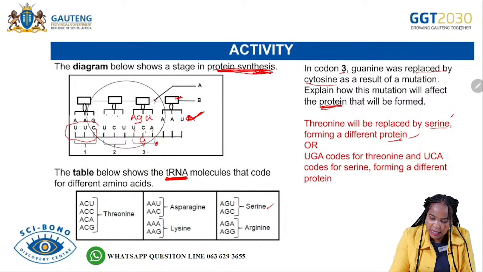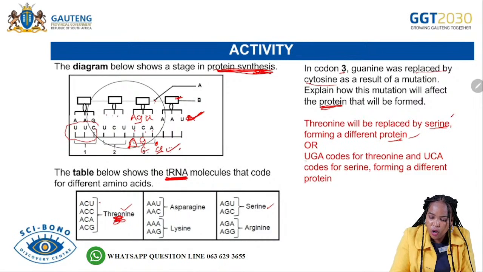Now, serine, here is serine, is going to come here instead of what was supposed to come, threonine. So threonine was supposed to be your ACU. Because of this G, it was supposed to be ACG, your anticodons on your tRNA, because this is what gives you the names of the amino acids that are going to be formed.